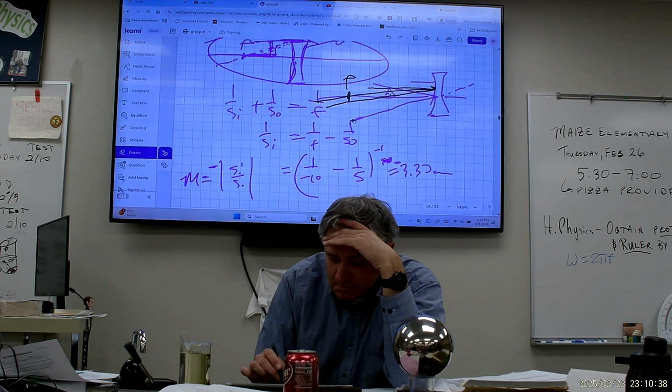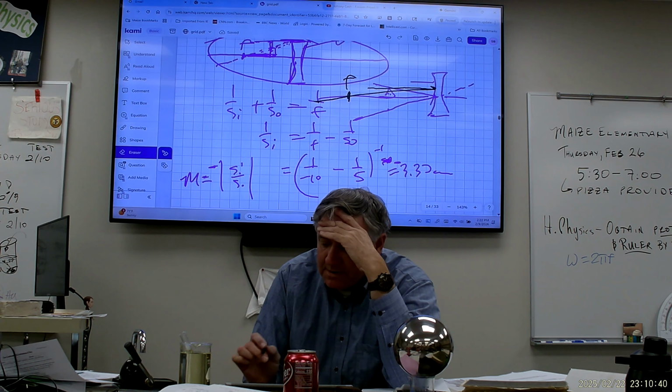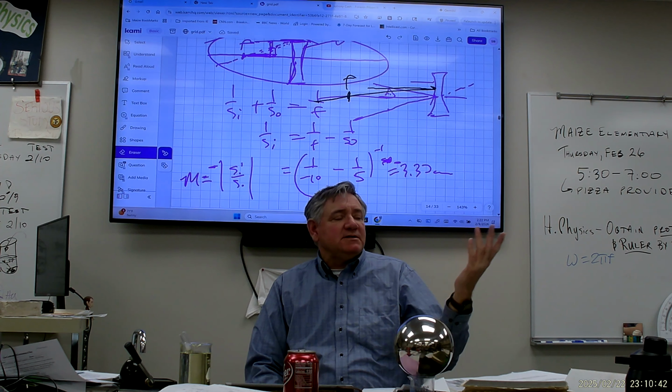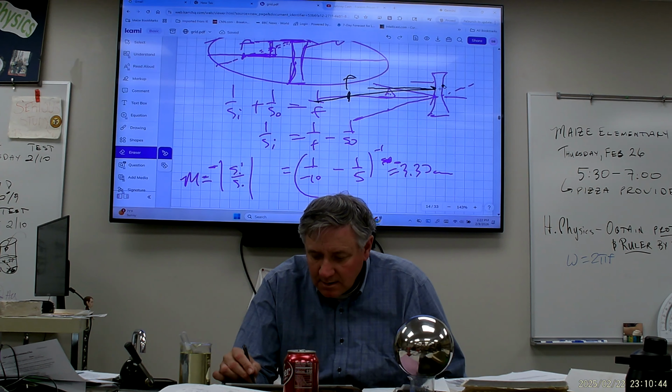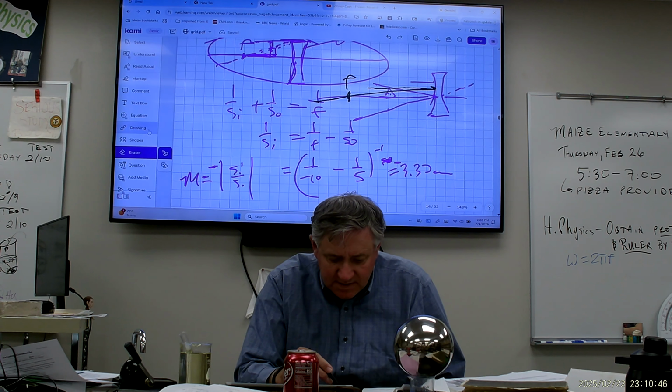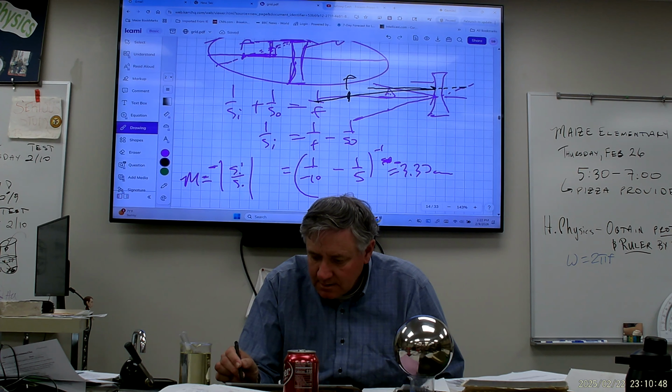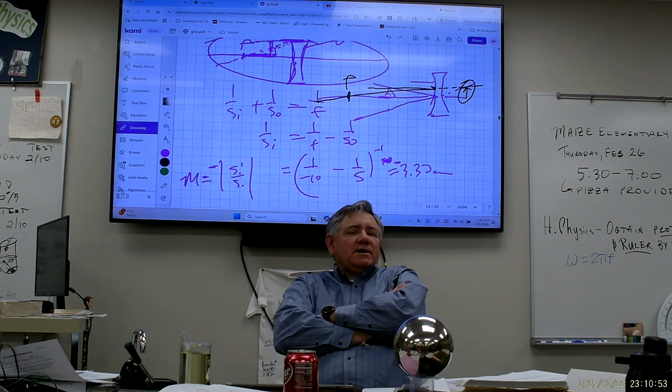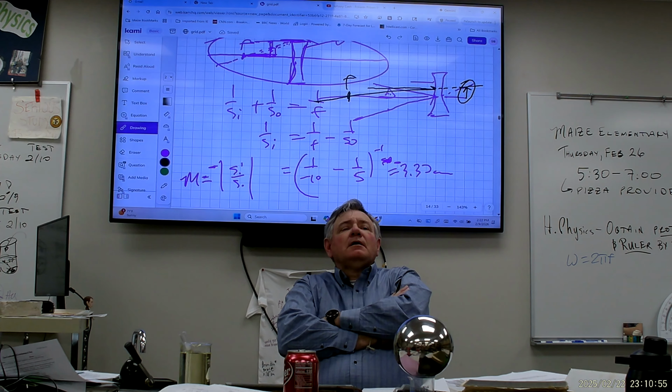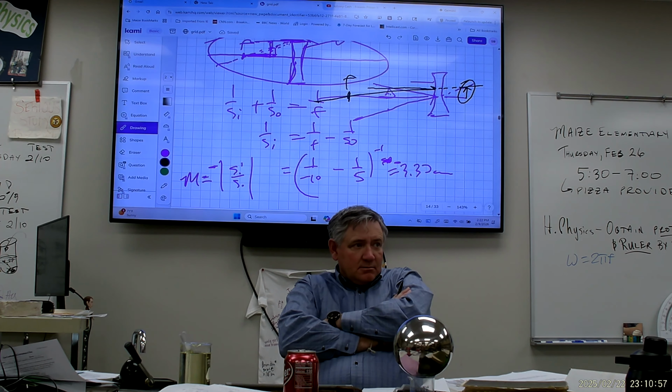They're coming apart, which means what? No way. It's on the other side, because if I take this line from the other side, so what are you going to have? A virtual, upright virtual image.